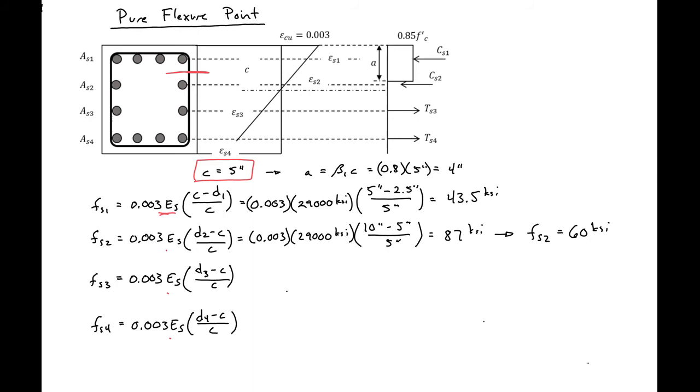Because our second layer of steel is yielded, and all of the other layers of steel are going to have higher strains than the second layer, we know that our third layer and fourth layer of steel have also yielded. So now we have our stresses in all of our layers of steel, and we have our guess for C.